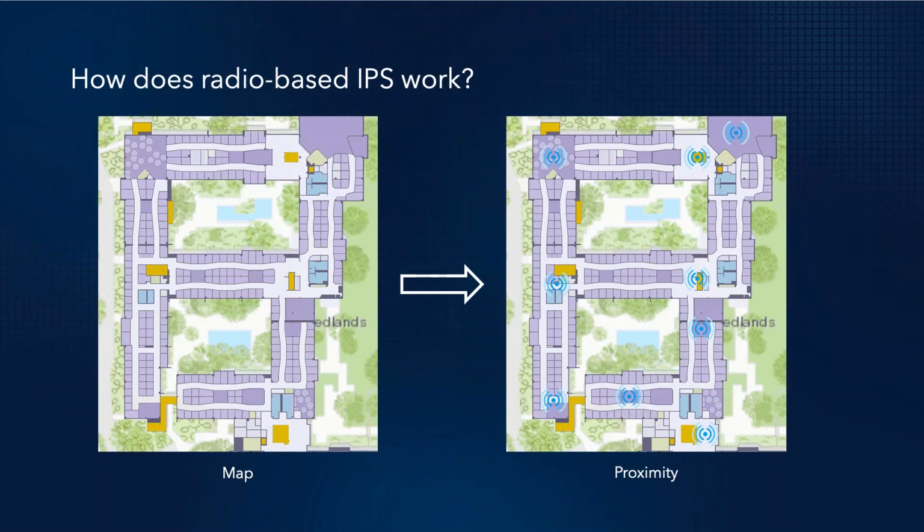The principle behind that is, once you come close to one of those transmitters, the device will recognize it by comparing it to the database: aha, I received this transmitter, it is here, so I must be here too. That's the very simple concept behind it.